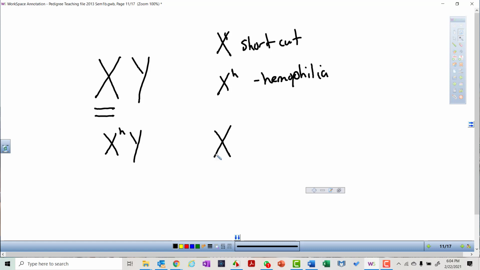Take a look at the female. A female always has two X's. But as I just mentioned at the beginning of this little XY talk, there's only one X chromosome that's ever active. So that means the female has a backup X. So if one of the X's is diseased or affected or something's wrong with it, then there's another X that will replace it.